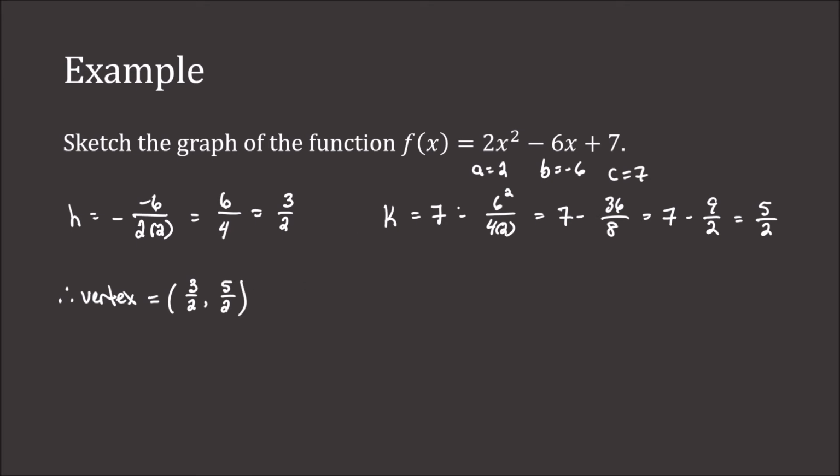And we also know that a is greater than 0, right, because a is 2. So it opens upwards. Now, since it's opening upwards and the vertex is already above the x-axis, there will be no x-intercepts.